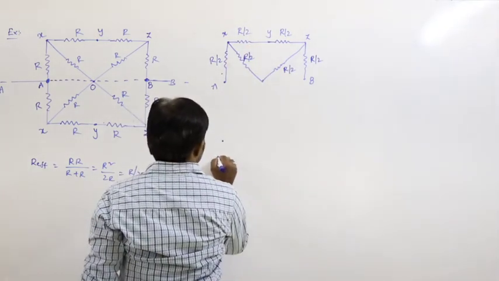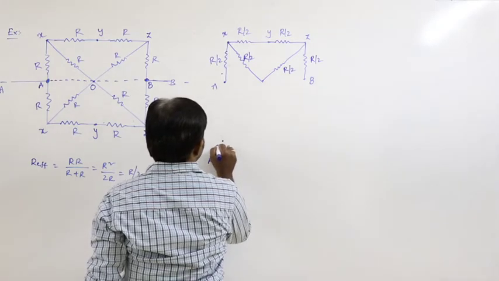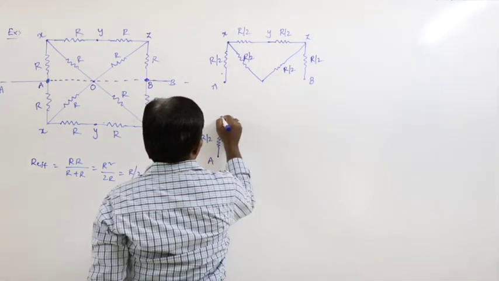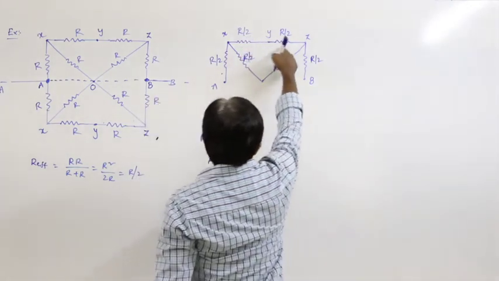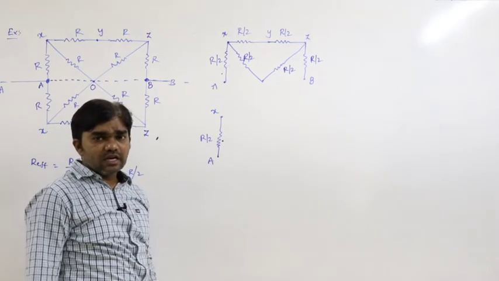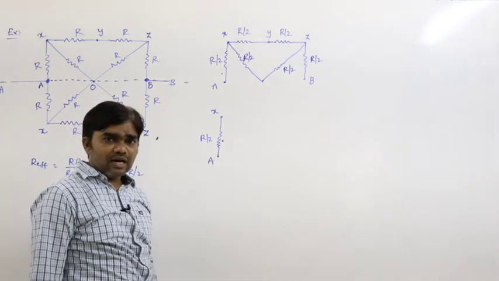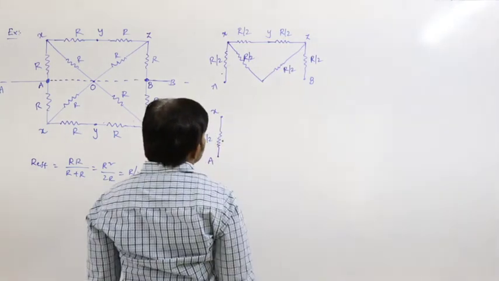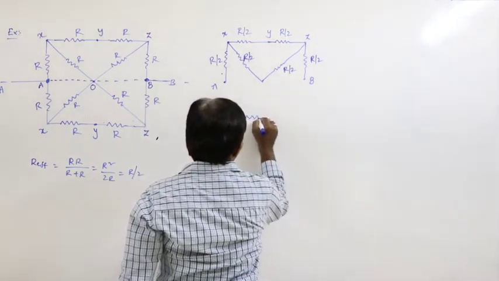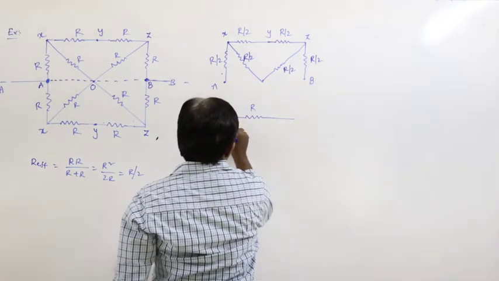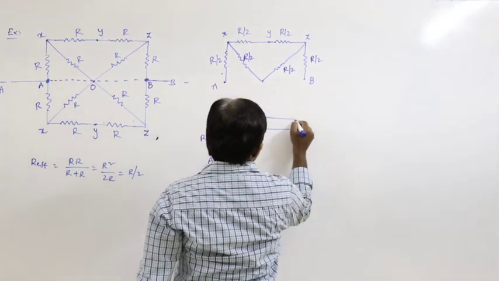So now this is A, this is R by 2, and this is X. R by 2 in series with R by 2. If two resistances are in series, the effective resistance is R1 plus R2. So here R by 2 plus R by 2 is R. This is R. Here also R by 2 are in series.